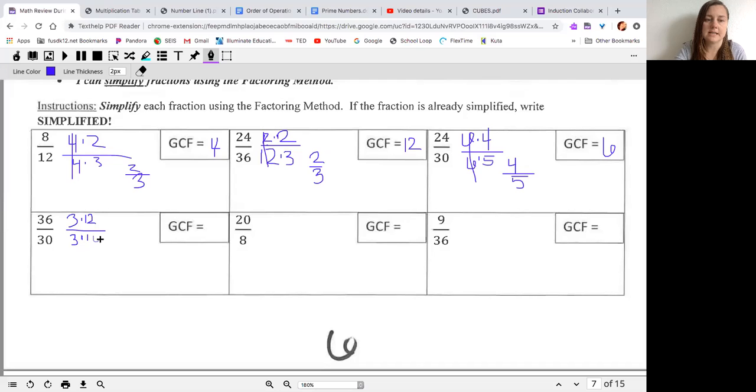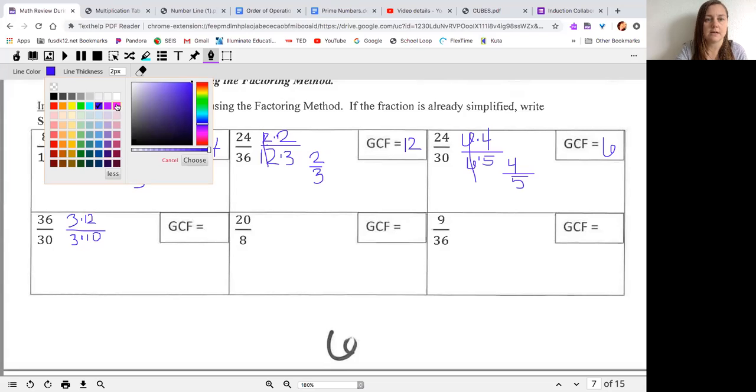And then we can see that 12 and 10 share some of the same numbers. Okay, so I can make that even smaller. So 2 times 6 is 12, and 2 times 5 is 10. So I'm going to cross that off.